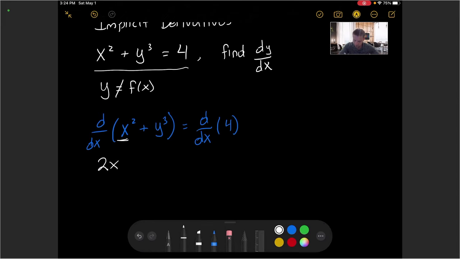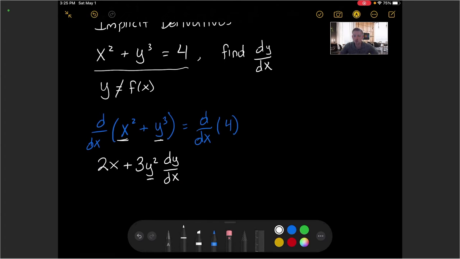If I take the derivative with respect to x of a y term, y cubed, well, here we would be treating this like a chain rule. The outer derivative, we could say, is equal to 3y squared. That would be the outer derivative. Now, if I take the derivative of the inner term, which happens to be the y itself, we would call that dy/dx.